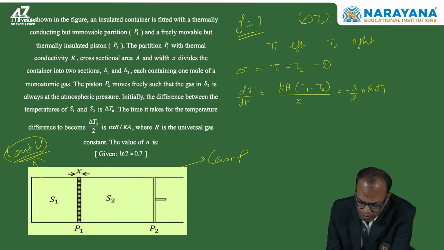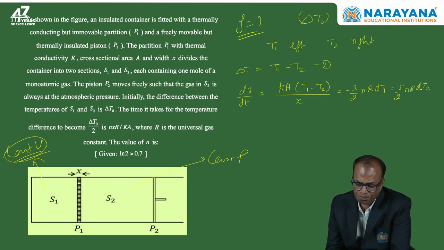It is losing heat, that's why negative sign. And also this will be equal to 5 by 2 nR d of T2, because S2 is absorbing heat at constant pressure.